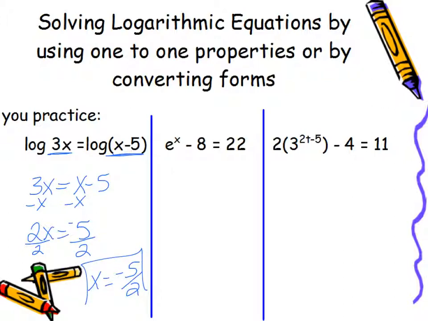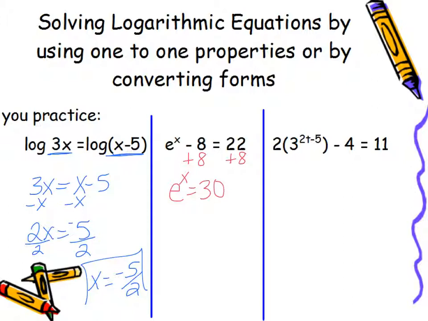All right, look at this next one. I see an exponential on this one. I don't see an exponential on this side though, so I don't think it'll be the one-to-one. I think it's going to be more the one where I have to switch forms. But before you switch forms, you always want to isolate as best you can. So you should be adding 8 to the other side. Okay, and then that's about all the isolating I can do.